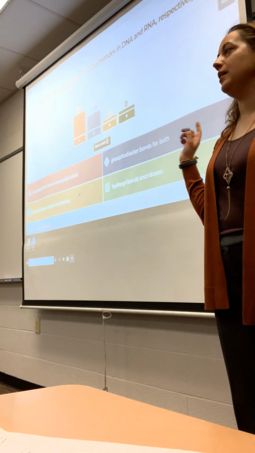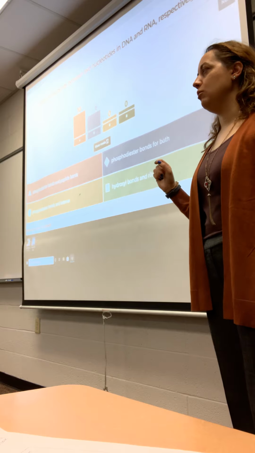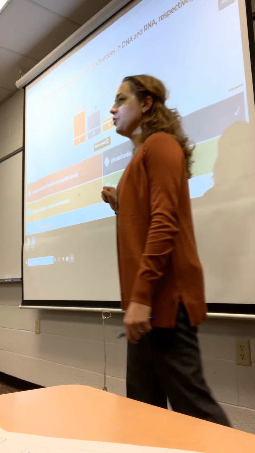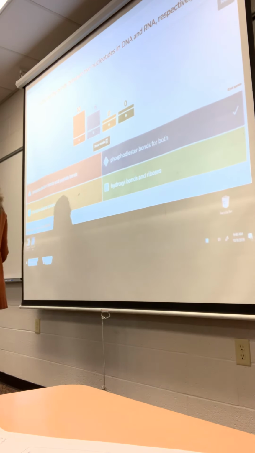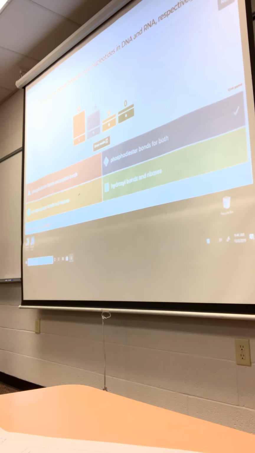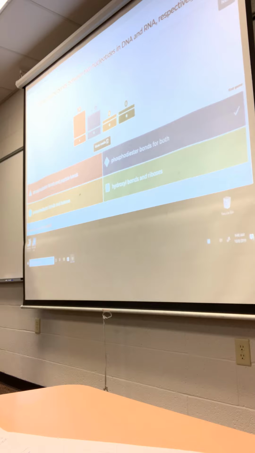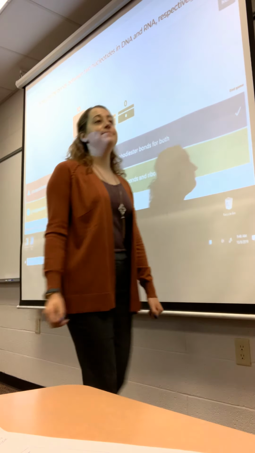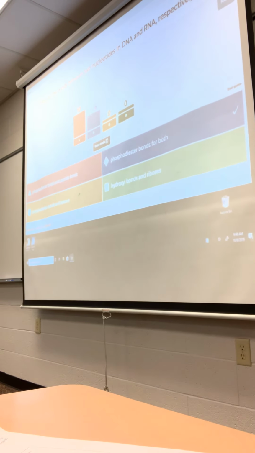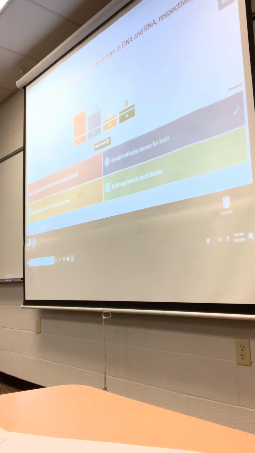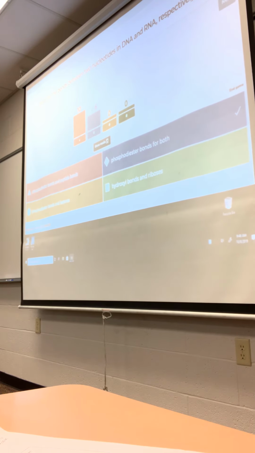We only differ by what chemical group on the sugar? The 2' OH group, yeah. And so we have those same phosphodiester bonds. Most of you knew that was the right choice.